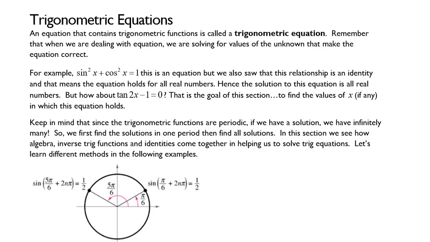So we first find the solution in one period and then find all the solutions. In this section, we see how algebra, inverse trig functions, and identities come together in helping us to solve trig equations. Let's learn different methods in the following examples.